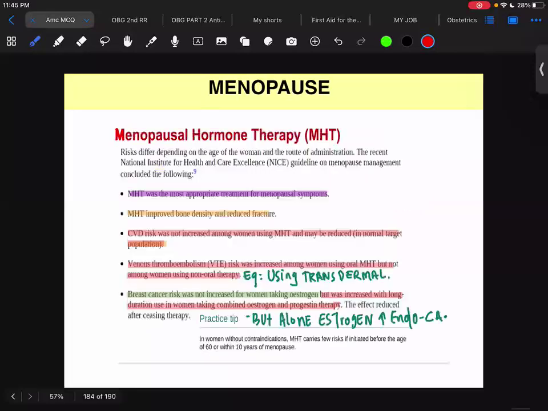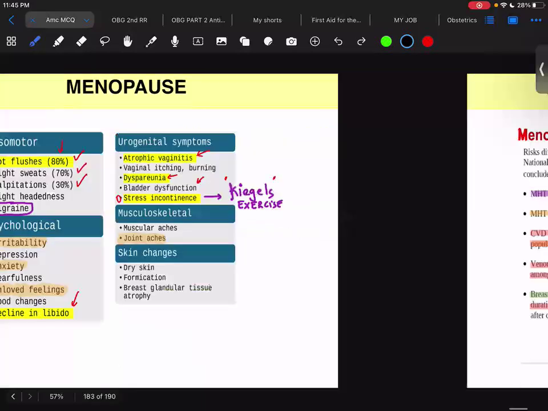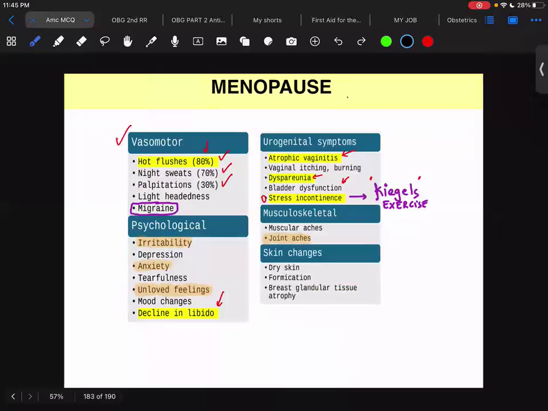So talking about the treatment, after the menopause what decreases in the patient is estrogen, right? When there is a decrease in estrogen, it results in these signs and symptoms. All of these signs and symptoms are basically due to decreased estrogen, right? So what should be the treatment?